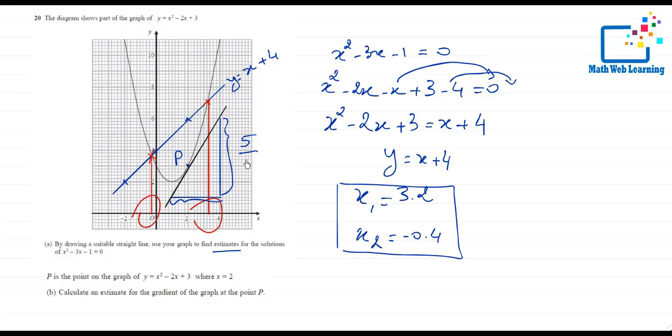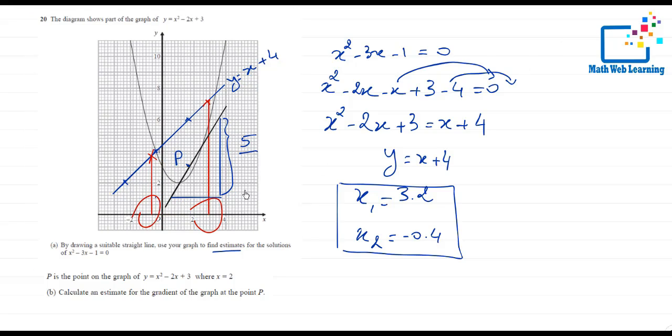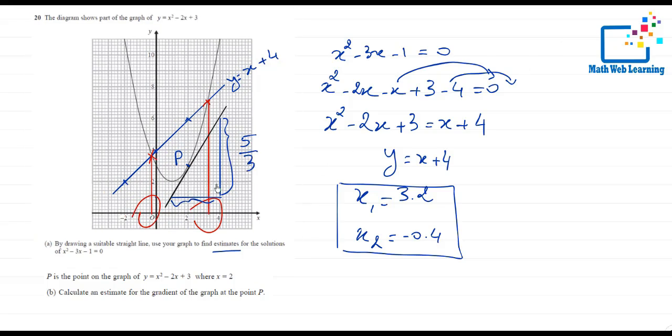So that is a change of 3. So that's 5 over 3, and that gives me 1 2/3. We can leave it as 5 over 3, that's fine. That's the answer. We can say m is equal to 5 over 3. Or you can write it down as roughly 1.67, or 1.6 recurring. So that's how you answer part B of this question.